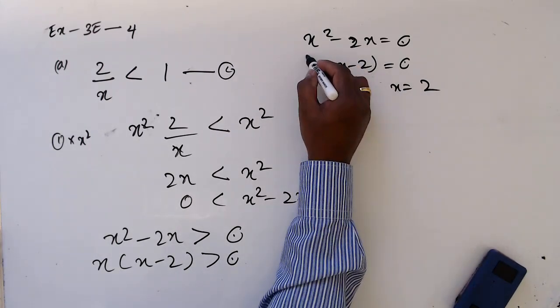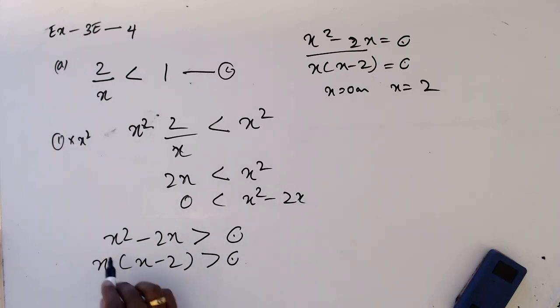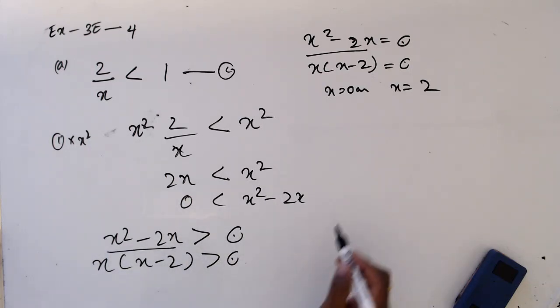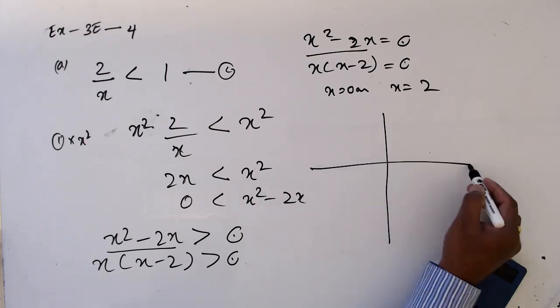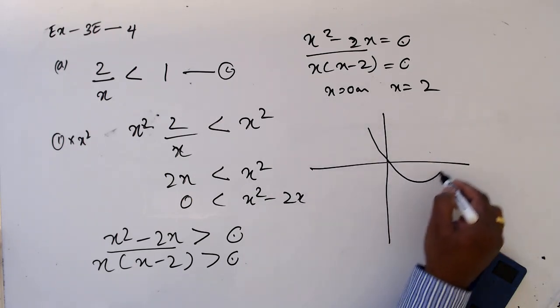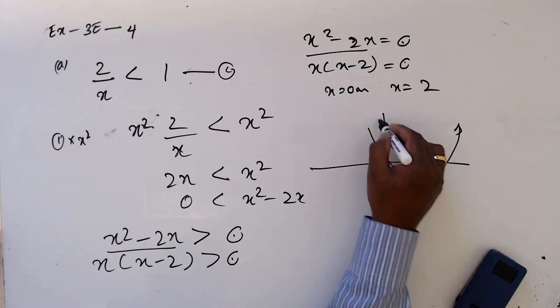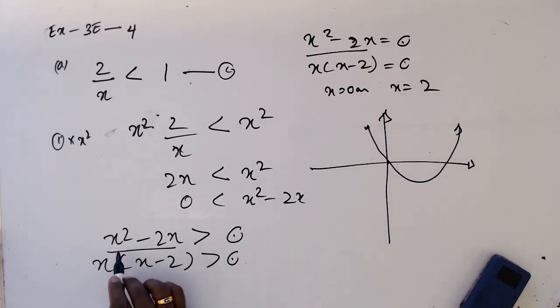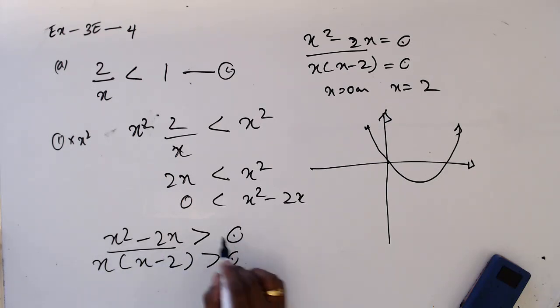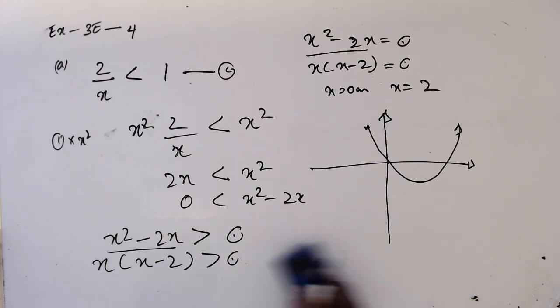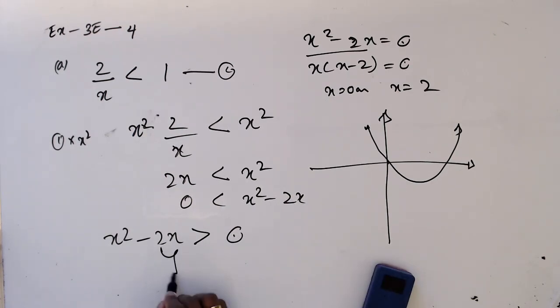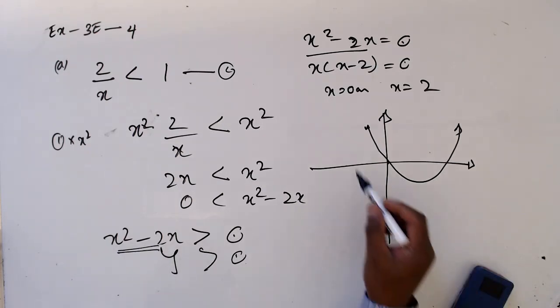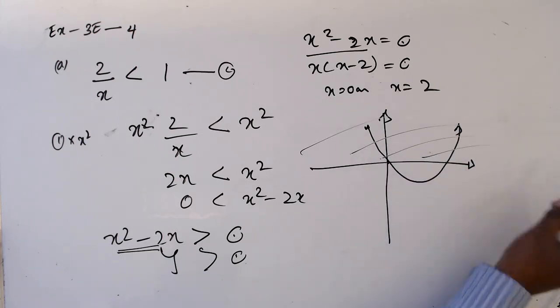Now we know that this is a quadratic, x square minus 2x, and it has roots 0 and 2, and we are looking for the area where it is greater than 0. In other words, this is y greater than 0, the area in a plane.